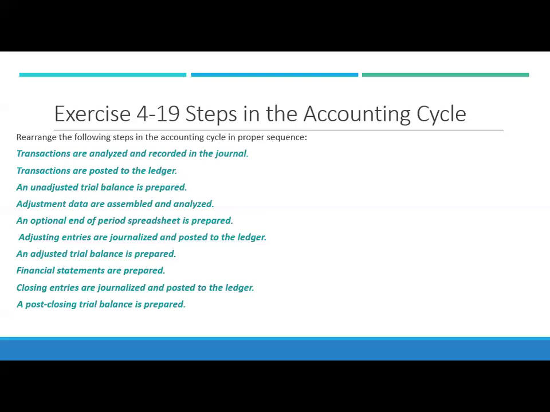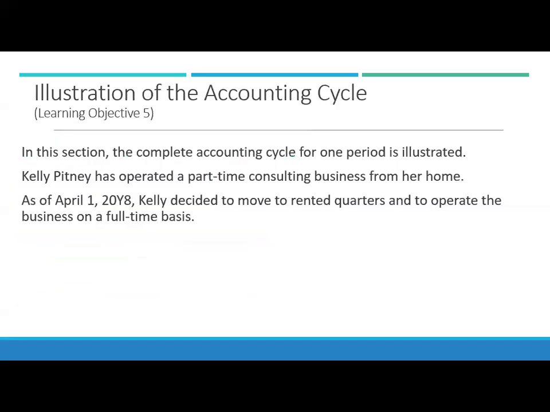So this is the process, and with that, we'll go into an example. In this example, we have Kelly. She's operated a part-time consulting business from her home. Everybody's got to have a side gig, right?